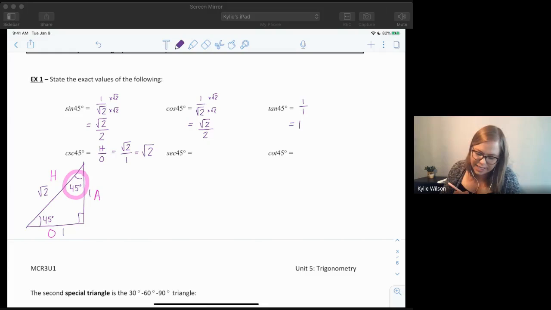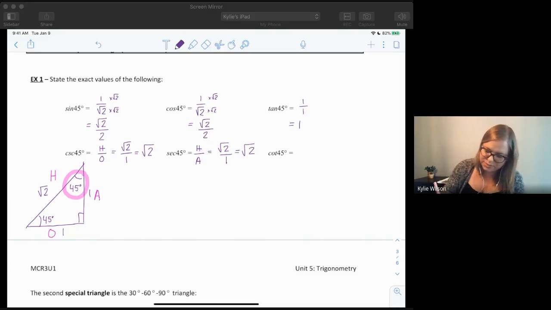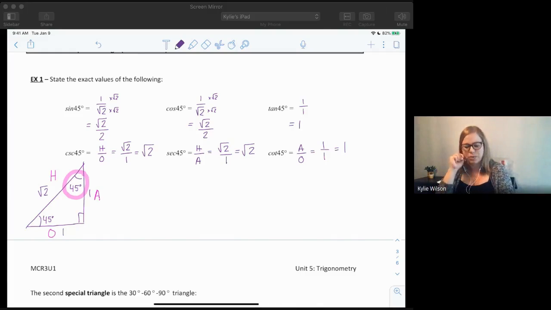Now secant 45 is hypotenuse over adjacent. So we'll have root 2 over 1, which is just root 2. And finally, cotangent, which is adjacent over opposite. We'll get 1 over 1 again, which is just 1. So these are your special triangle values.